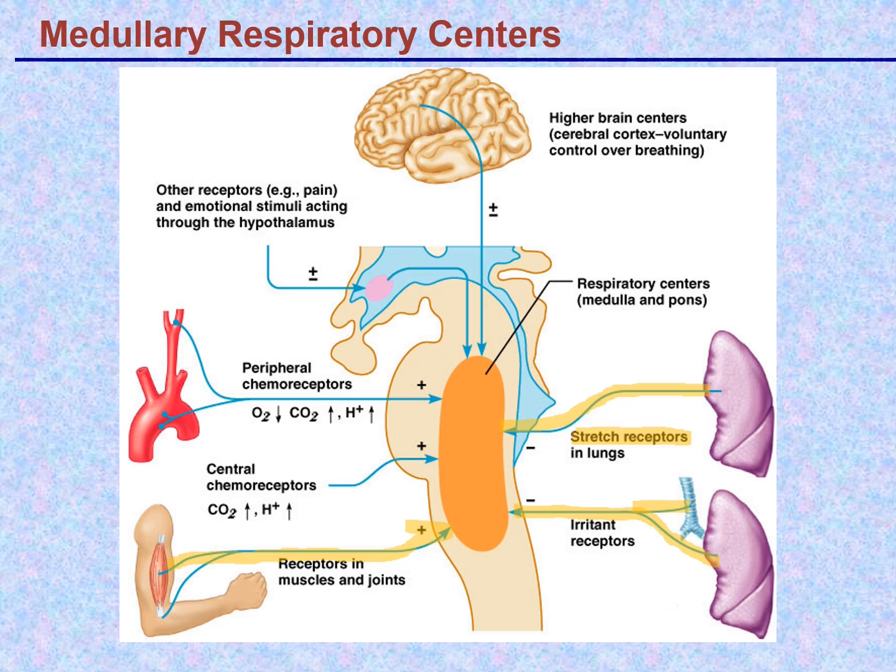If they're more active, if the muscles are getting stretched, the joints are being moved, the tendons are also being stretched, what you get are signals going in which will trigger increased respiration.